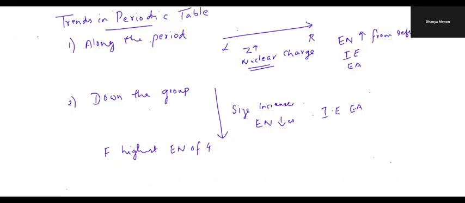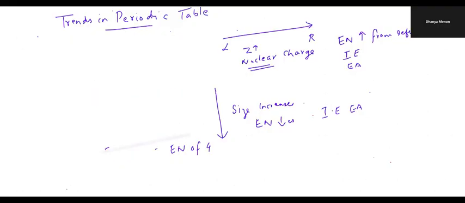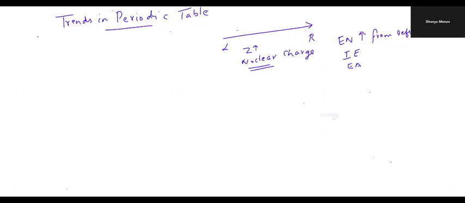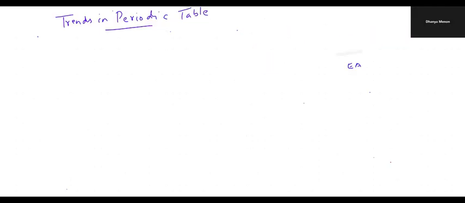Now, students, when we solve the past paper questions, you will understand that the electronegativity of some elements you have to memorize and keep. Otherwise, it is difficult to solve some questions. So there are some elements whose electronegativity you must memorize.